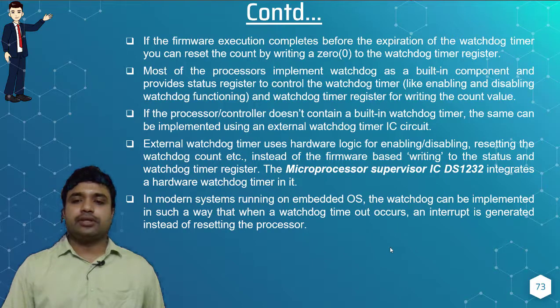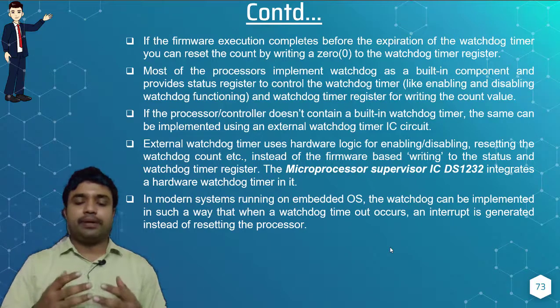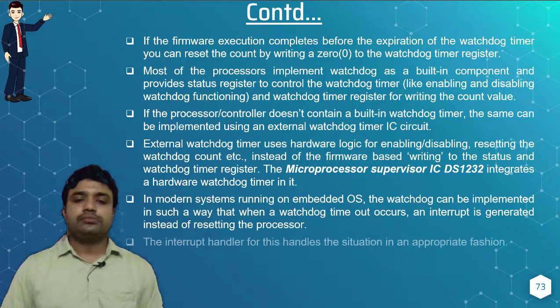So the functionality of a watchdog timer can be identified as an interrupt, and the CPU will not be reset every time with the watchdog timer response. This is the updated thing that is held with the watchdog timer operations. Okay. So the interrupt handler handles the situations in an appropriate fashion.